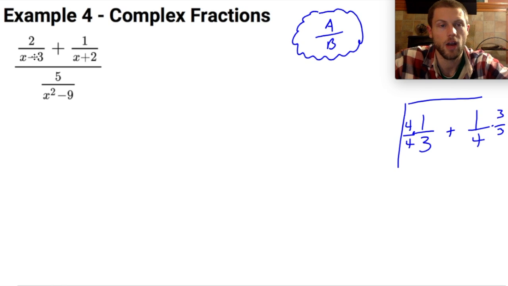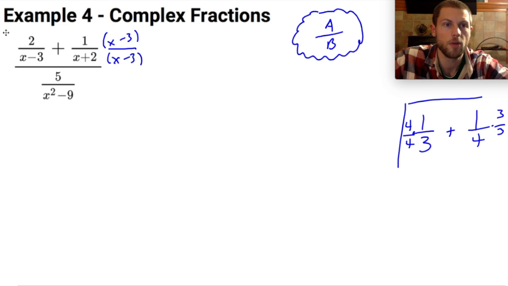Over here, I don't have a common factor between x minus 3 and x plus 2, so the least common denominator is going to be whatever I get when I multiply these two denominators together. So I'm going to multiply this x plus 2 fraction by x minus 3 over x minus 3, and I'm going to multiply this fraction by x plus 2 over x plus 2. Remember, this is legal because this is just multiplying by 1.